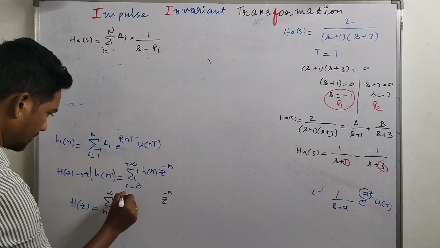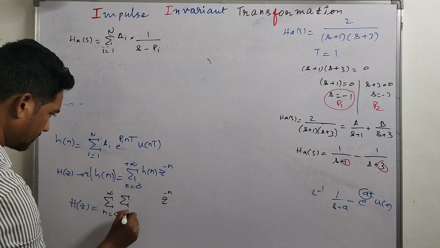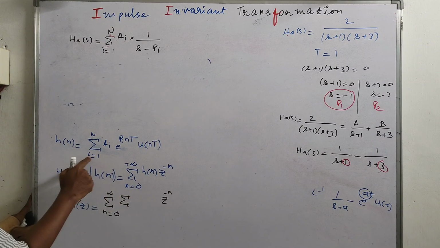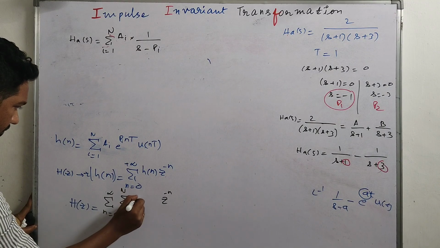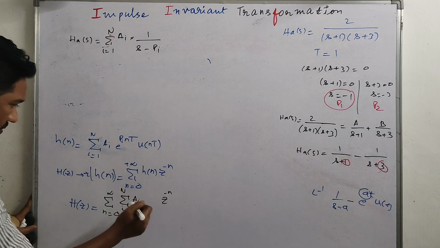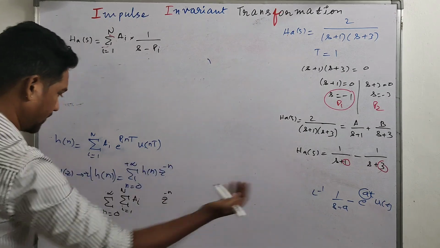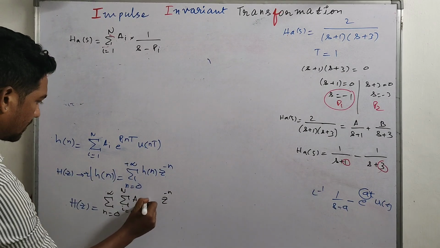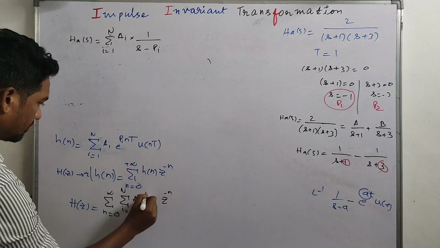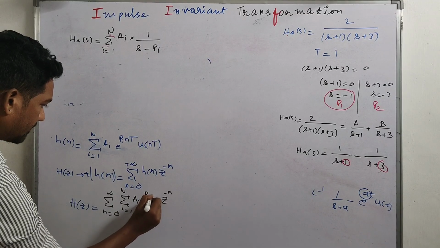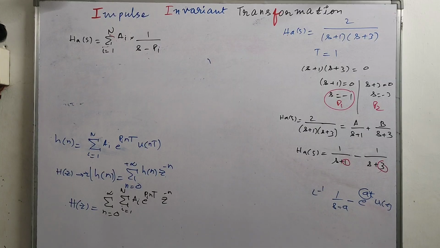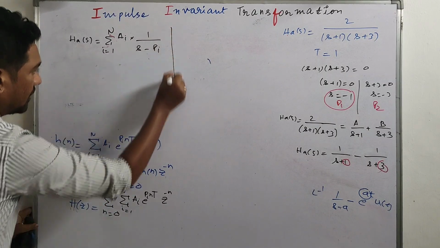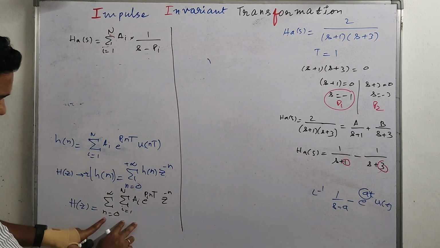This entire equation, summation i equal to 1 to n, a_i, that constant in the transfer function, into e raised to p_i nT, and this can be even simplified, guys.